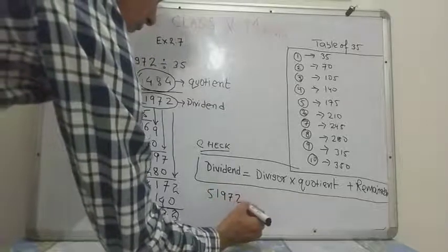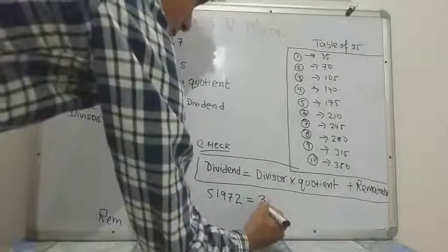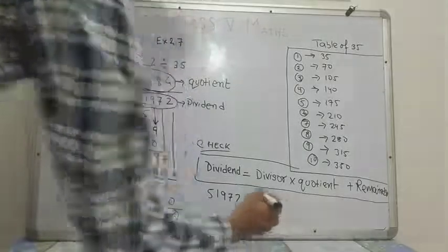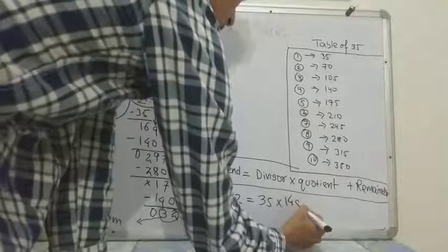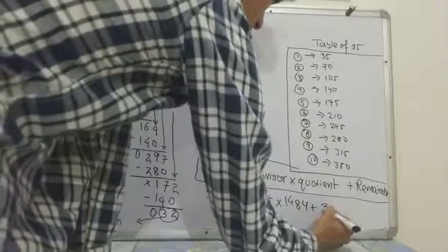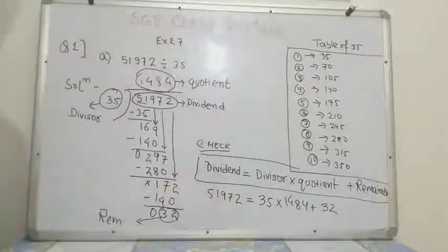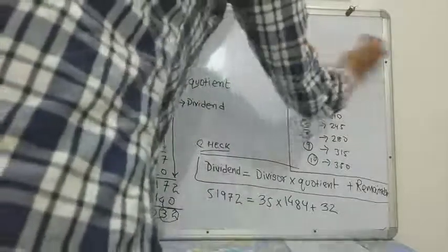51972 is our dividend. Divisor is 35. Quotient is 1484 and our remainder is 32. Now we have to check.